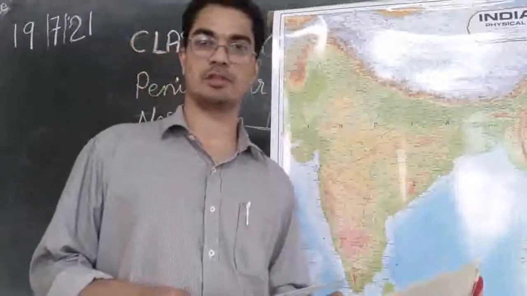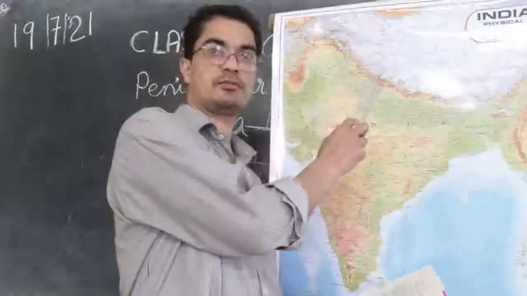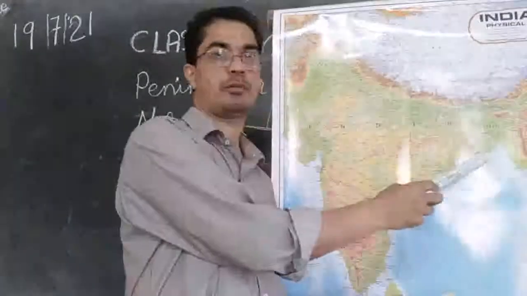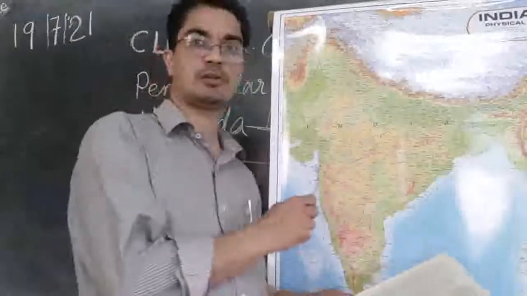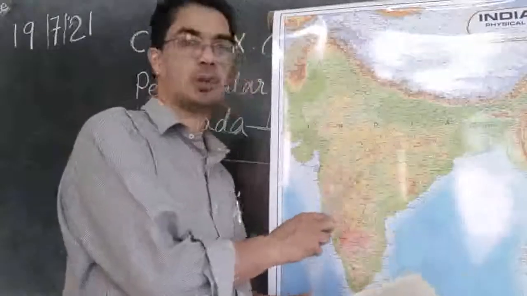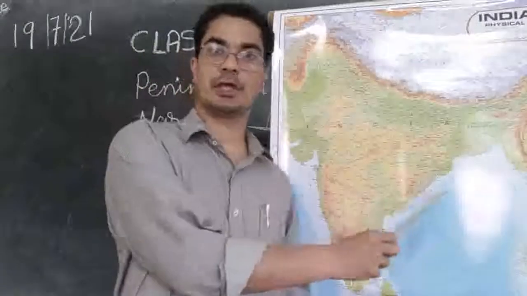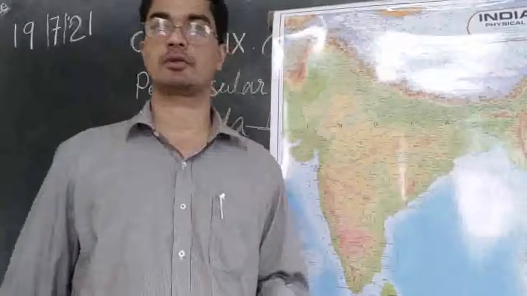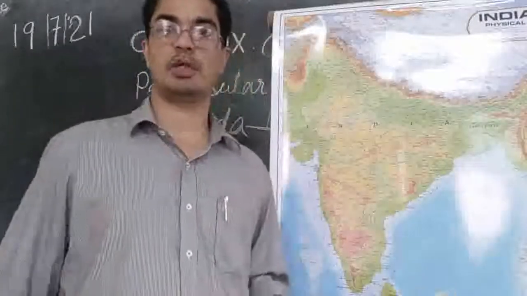Dakshin means south, so they call it the Ganga of the south. The original Ganga is in the north. It originates from the Himalaya and flows into the Bay of Bengal. That is very long, almost 2,700 kilometers. But this Godavari is only 1,500 kilometers. Compared to all the other rivers found in this peninsular region, the Godavari is quite long and large.